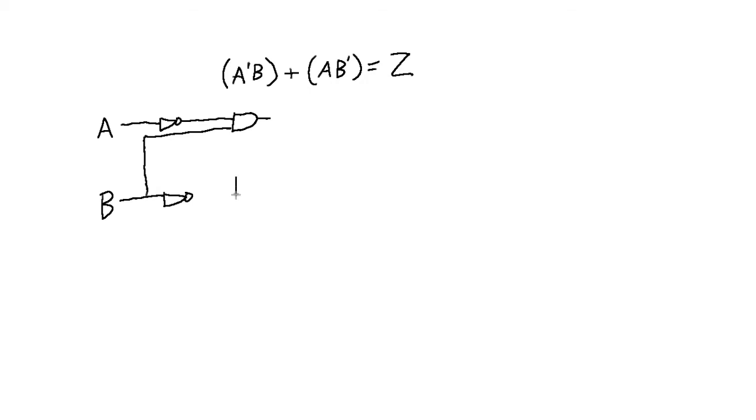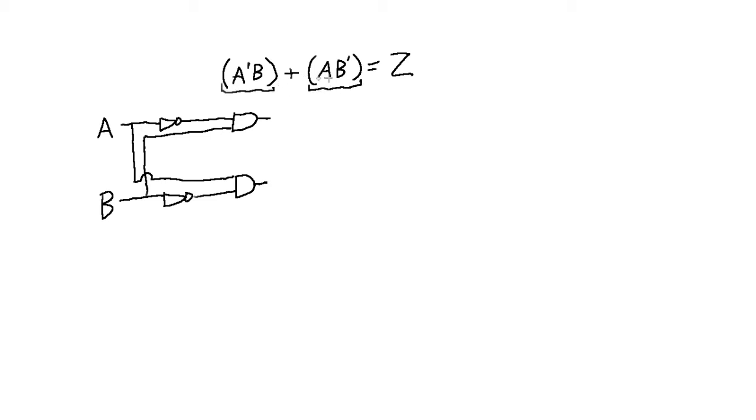Now we need A and B not. So we get another AND gate here. And first let's drag down our A, and let's do a little jump there. So now I've got A connected to this AND gate, and let's also connect B. Alright, so we've got this term, and we've got this term.